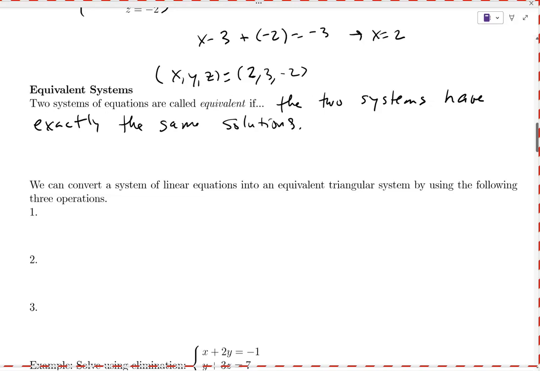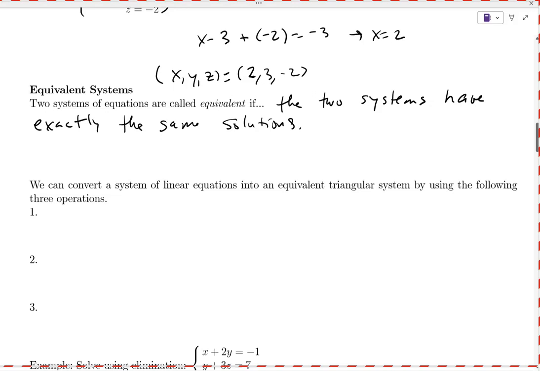And basically, this is already what we've been doing. We've been trying to rewrite the system that we're given into an equivalent system where we can figure out what the answers are, either through substitution or through elimination. That's what we've been doing. Okay?